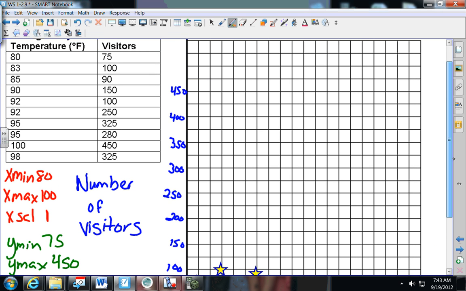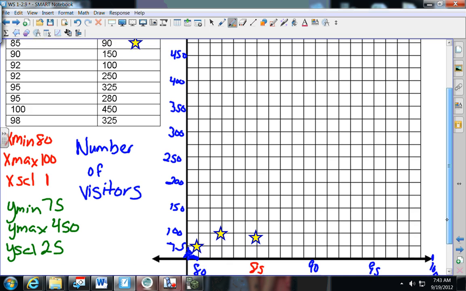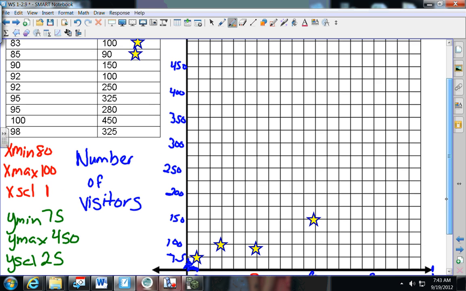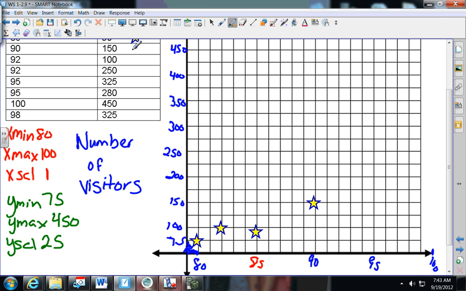And it's 90 and 150, right? I kind of need to keep track here. I did this one, I did this one, I did this one. All right, 90 and 150. 90 and over 150. Okay. 92 and 100.